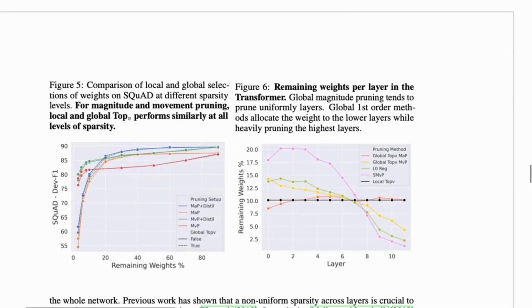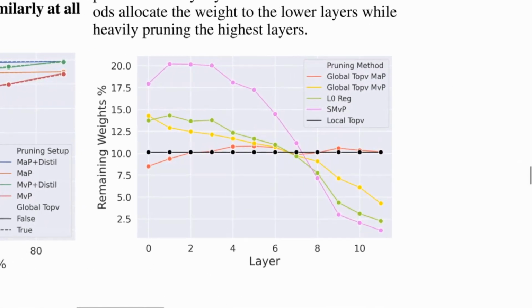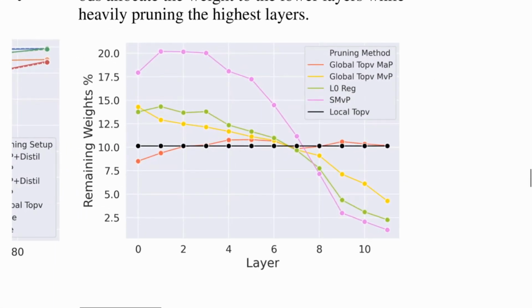So they analyze this then in terms of where the model cuts the weights out. Now they experiment on a BERT base model, which is a transformer with 12 layers.